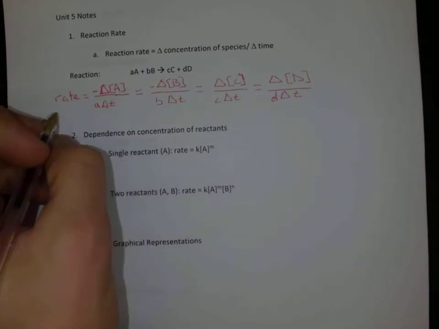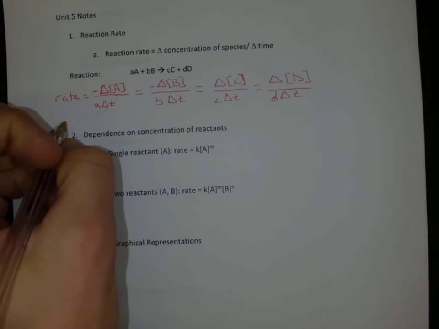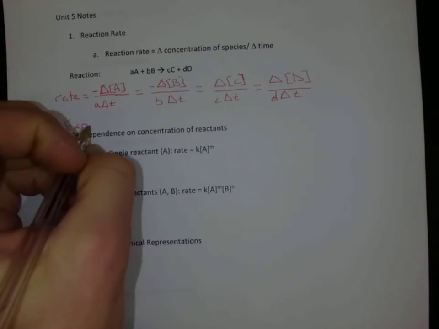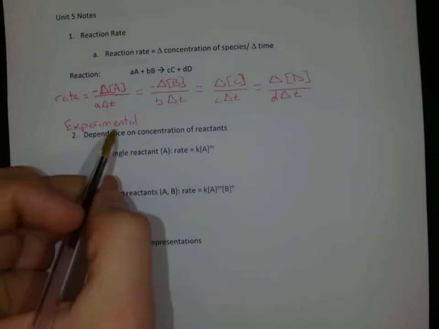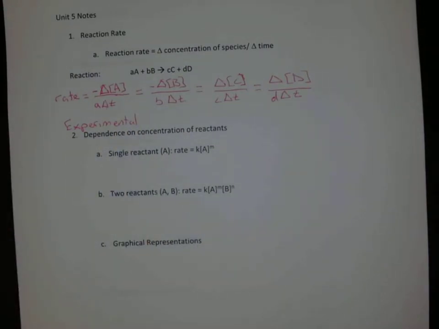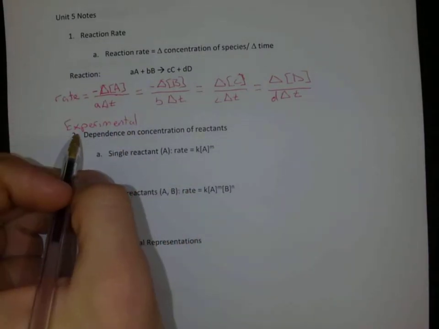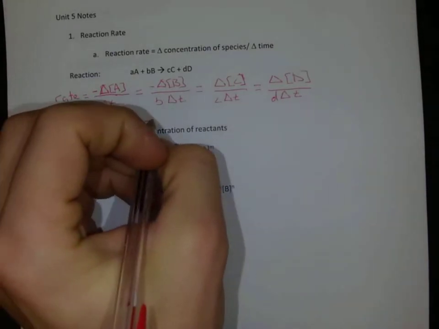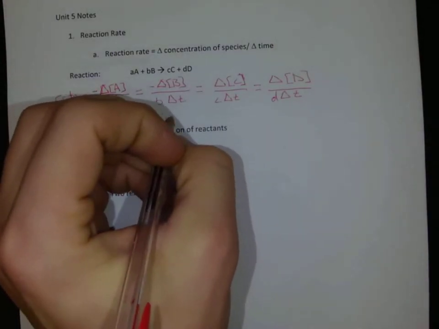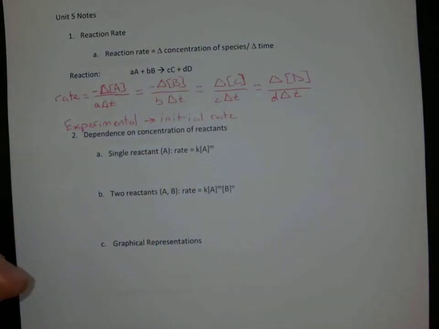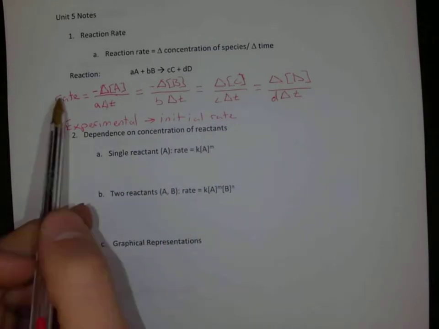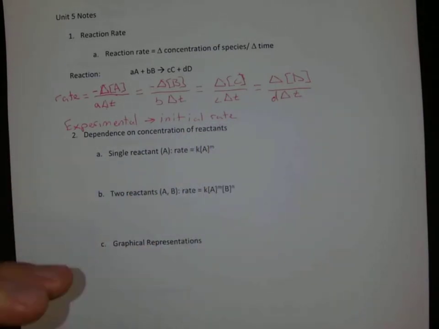And overall, our rate is always going to be experimental, because it depends on the reaction conditions. So since it's experimental, we're going to use a method of initial rates, and we're going to have to measure those concentrations. We'll see this in the lab, why we use the method of initial rates.